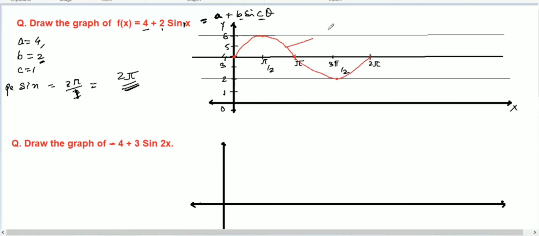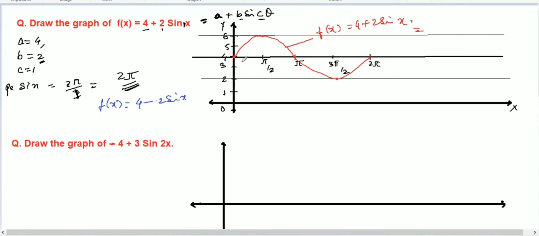So this graph represents f(x) equals 4 plus 2 sine x. Now, if I give you another question, draw the graph of f(x) equals 4 minus 2 sine x. If there is a minus sign, it will reflect in the x-axis.